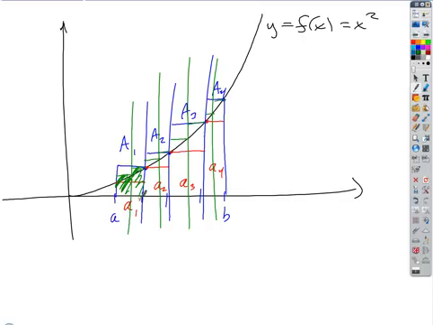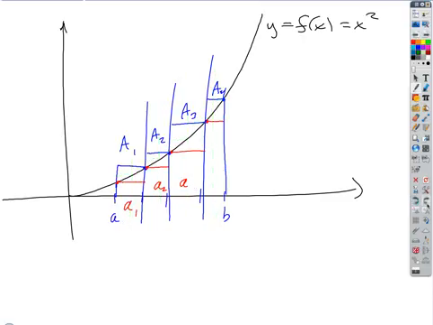The rectangles which are now approaching a width of 0 are gonna fit perfectly underneath this curve. And the two versions, the two answers that we get, what we started off with as the blue on top and the red on the bottom are going to converge on the same exact answer, aren't they?